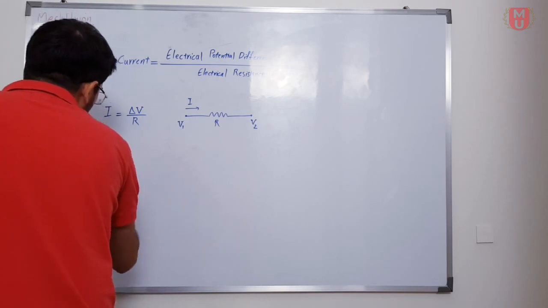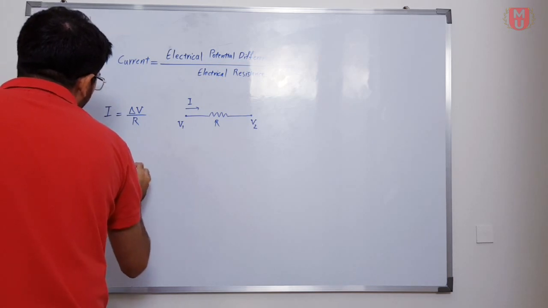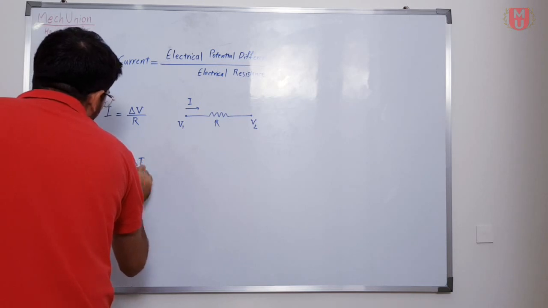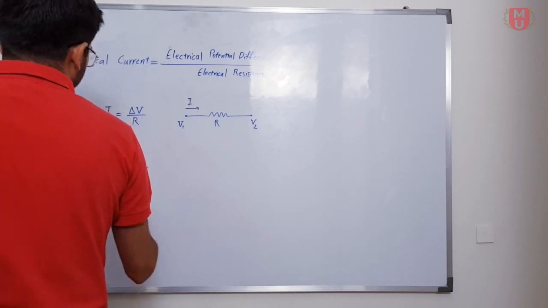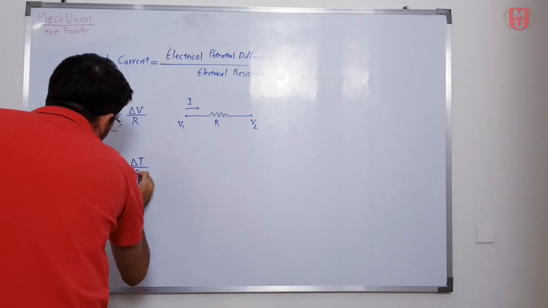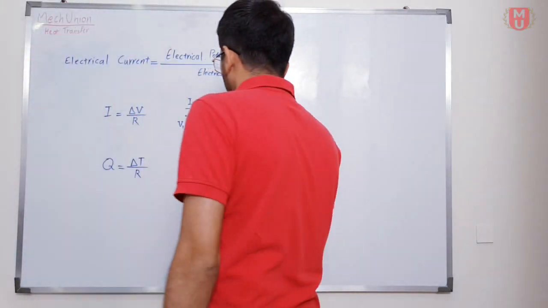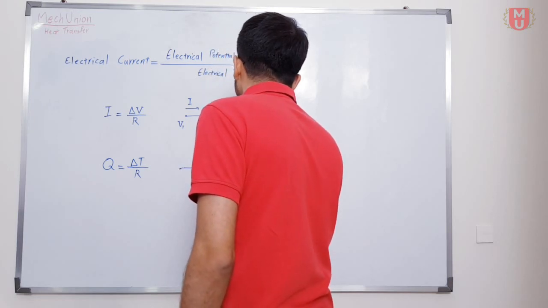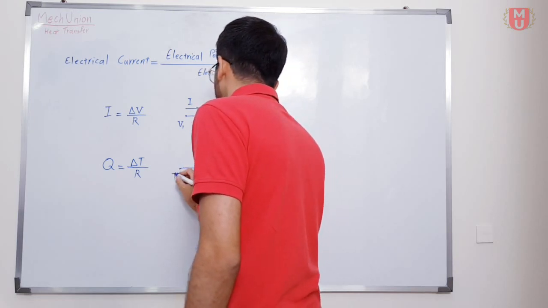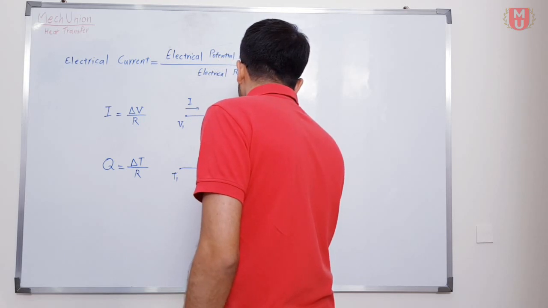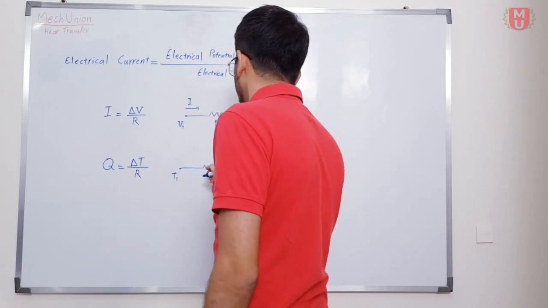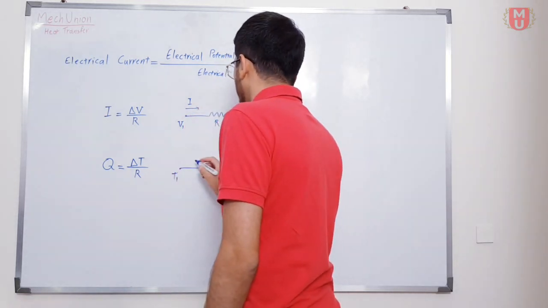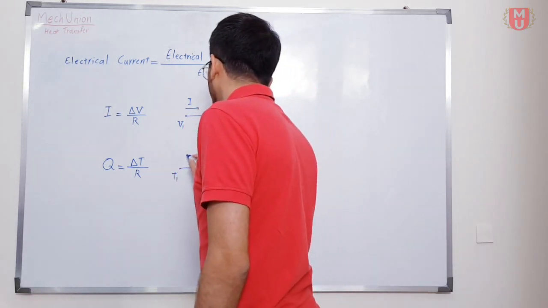If we consider Q as a thermal current and delta T as a thermal motive force, and take R as itself, we will have this sketch. This is a point with temperature T1, and this point has temperature T2. The heat transfer rate is our current.